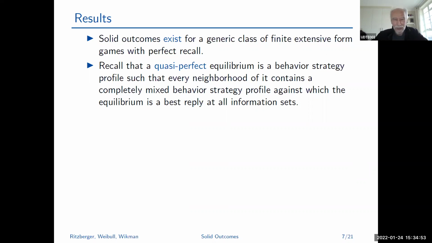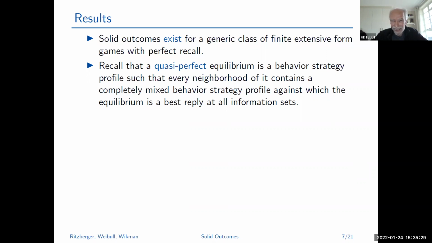Many of you will know that, but let me repeat what it is. So a quasi-perfect equilibrium is a behavior strategy profile such that every neighborhood of it contains a completely mixed behavior strategy profile against which the equilibrium is a best reply at all information sets. Okay? And, you know, stating this definition, you can probably sense why I like this concept, because I have been able to define it without mentioning beliefs at all.